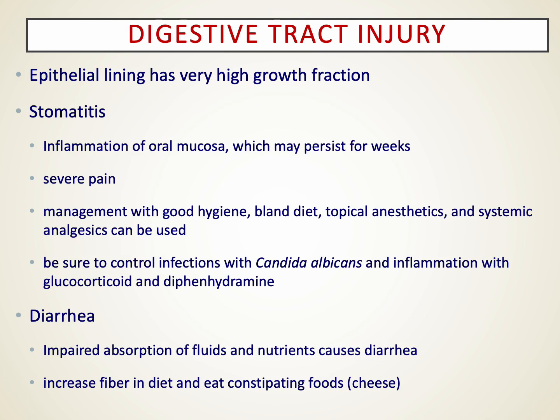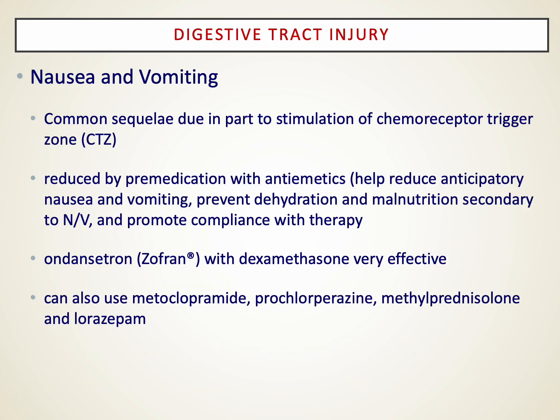We worry about digestive tract injury. Stomatitis is probably the biggest one. We worry about inflammation of the oral mucosa with severe pain, and also the risk for infection because you've got a barrier that's diminished. We worry about diarrhea. We'll talk more about nausea, vomiting as well, both the direct effects from the chemical trigger zone, so the drug itself sort of triggers a message to the brain that this is a toxin.